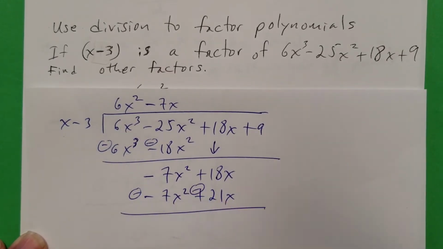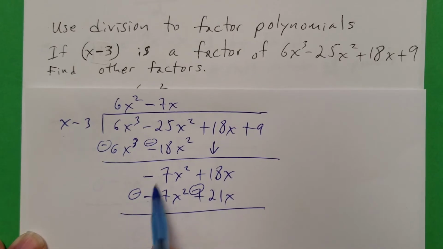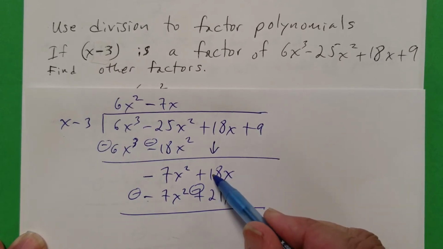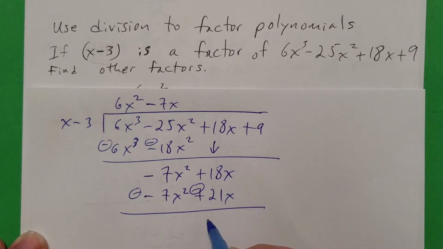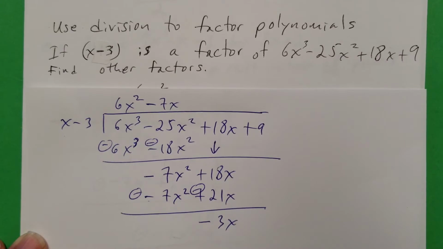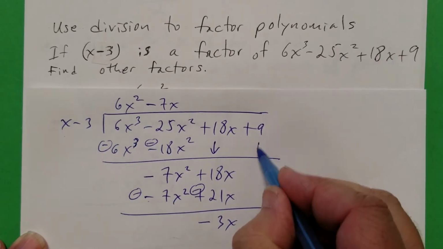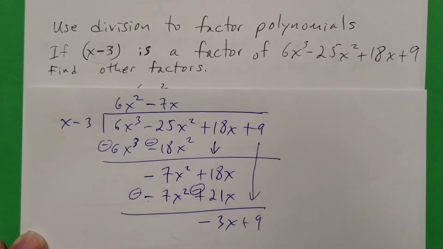So what do you get? This is plus, this is minus, so of course that goes away. If that doesn't happen, you did something wrong. Be careful here. Positive 18, negative 21 is negative 3x.